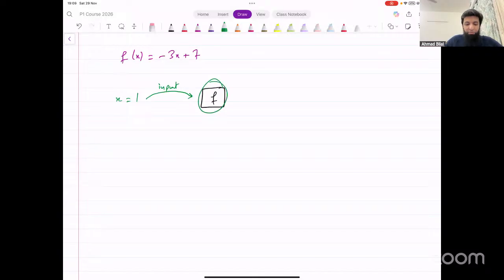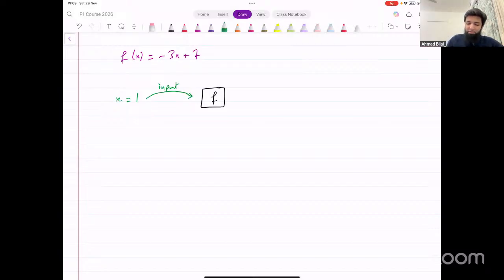This function applies some operation on it. So in this case, what the function does is it multiplies the input by -3. So what it'll do is it'll multiply x by -3, and then it'll add 7 to that. So -3 times 1 plus 7.